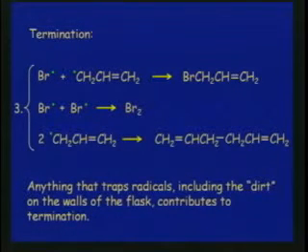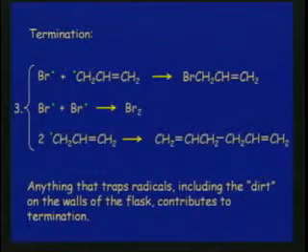There are termination steps. Termination steps in any radical mechanism are loser steps. You want to avoid them. They don't happen very often because the radicals floating around in solution are there in minute concentrations. All you see is mainly starting material and then product building up. Everything else happens in between with minuscule concentrations of these reactive species.